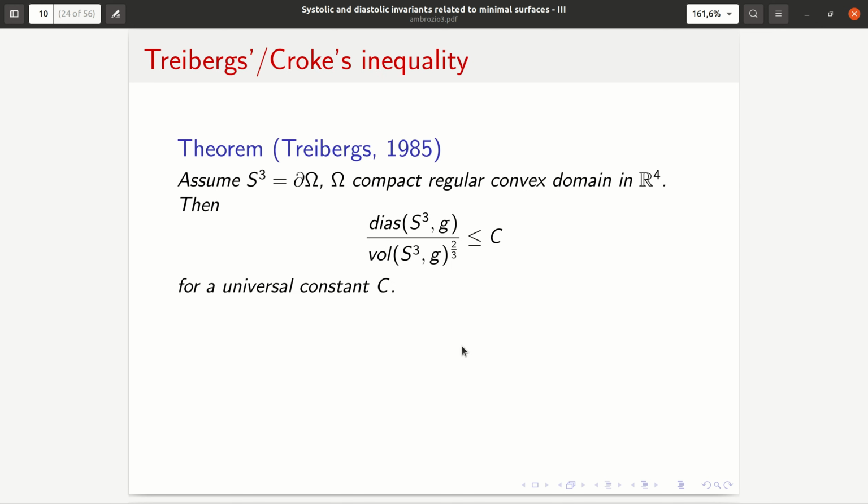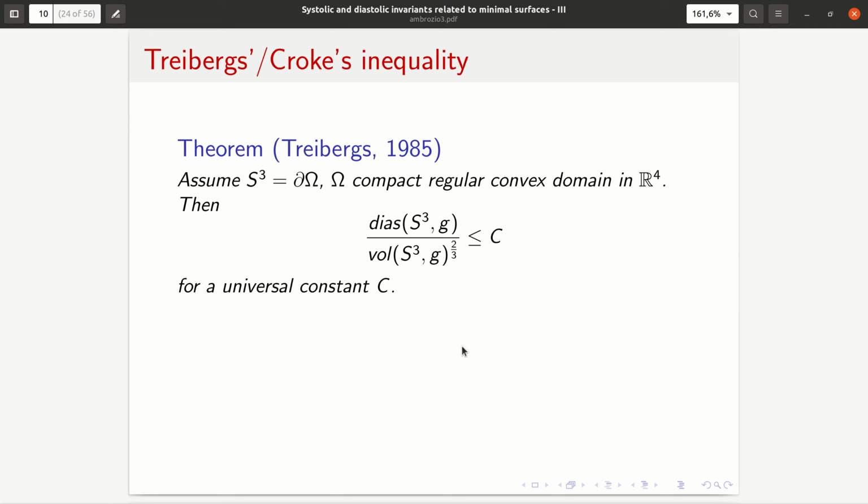Okay, so let me start with a positive result. In 1985, Treibergs proved an upper bound for the normalized diastole of metrics that are very special. Let me read the statement precisely. Assume the S3 that we are looking at is the boundary of a compact regular convex domain in the Euclidean space R4.